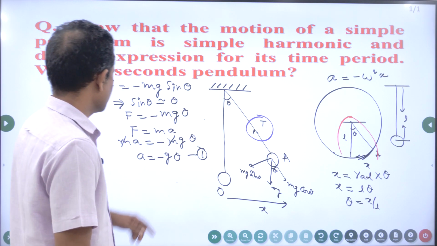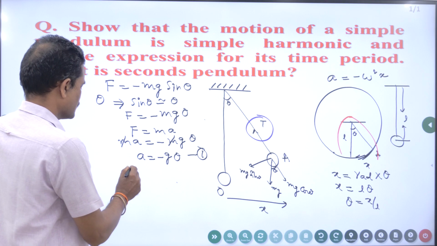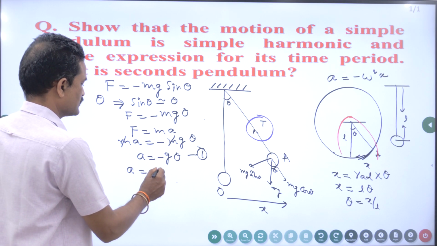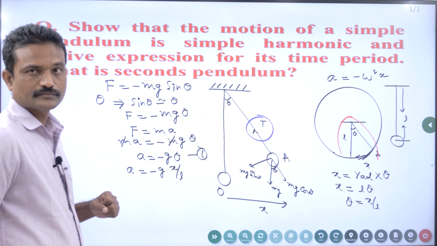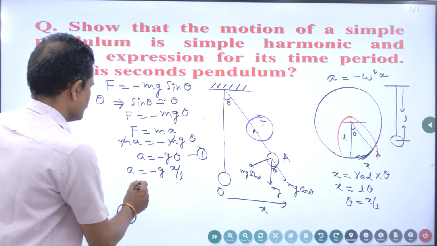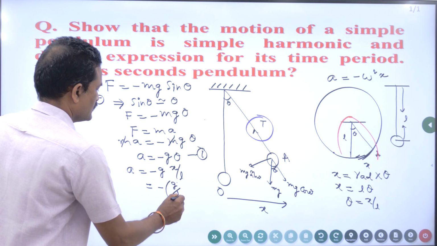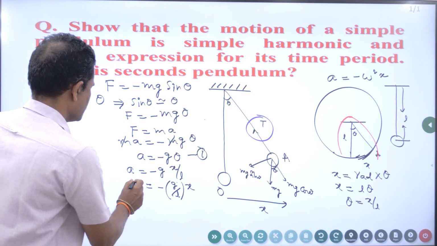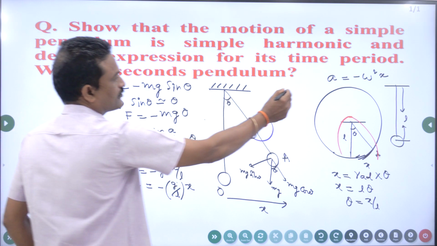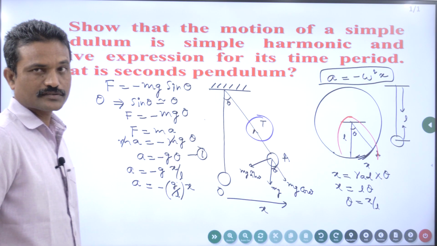If I substitute theta is equal to x by L in equation number 1, what do I get? A is equal to minus g x by L. It can also be written as minus g upon L times x. So this is similar to our required equation, A is equal to minus omega square x.